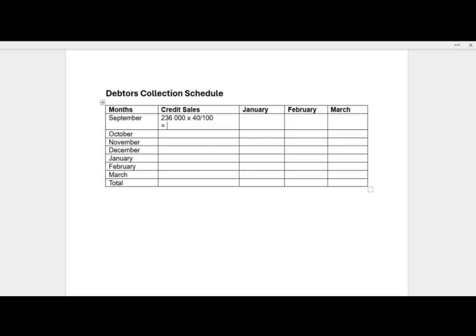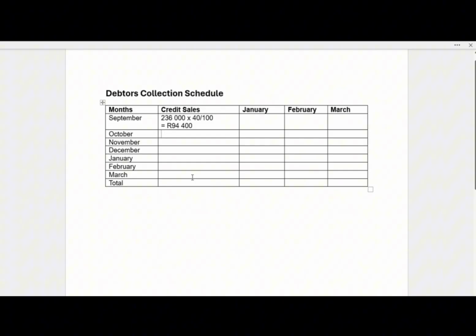Go to your calculator, and then 236,000 times 40 divided by 100. I have a credit sales in September of 94,400. All right, and then I'm done with the credit sales for September.